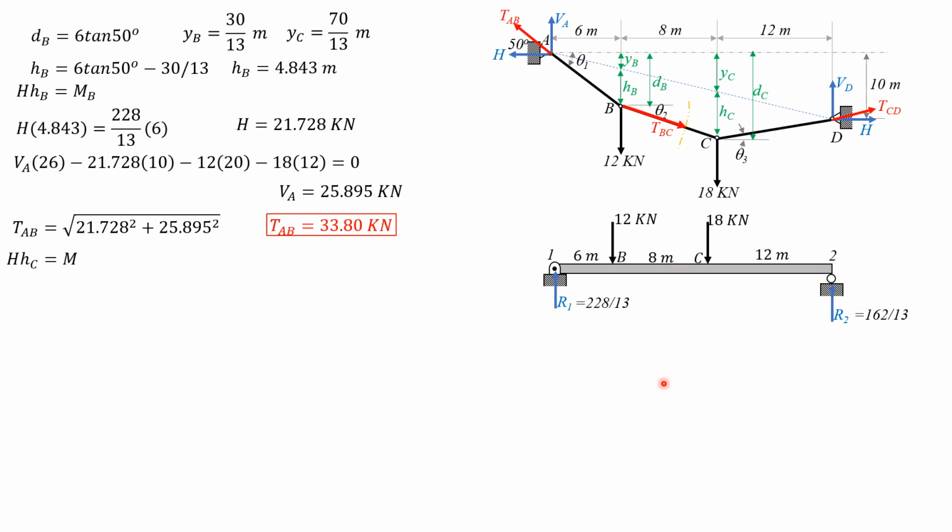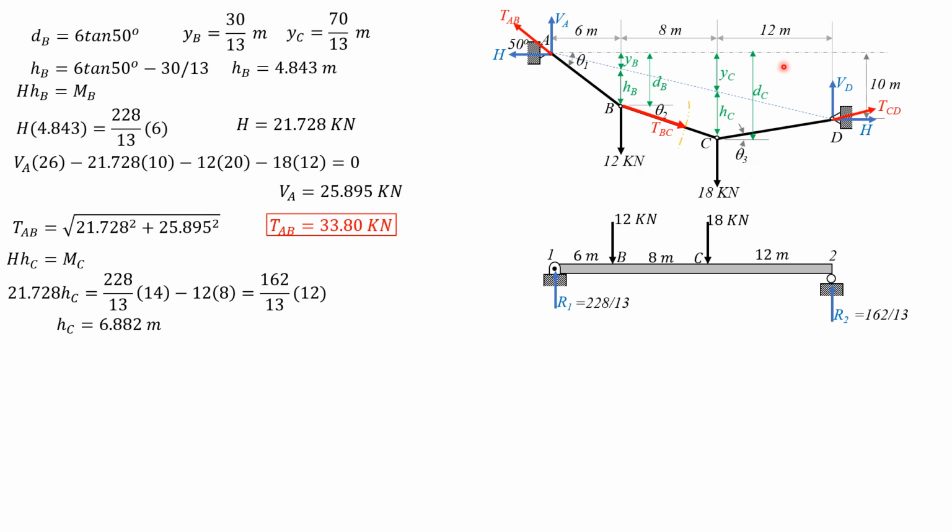So H, which is already found, 21.728, times H sub C equals 228 over 13 times 14 minus 12 times 8, or it is equal to 162 over 13 times 12. So either way you use, the right side value is the same, so we can now compute H sub C. H sub C is equal to 6.882 meters.